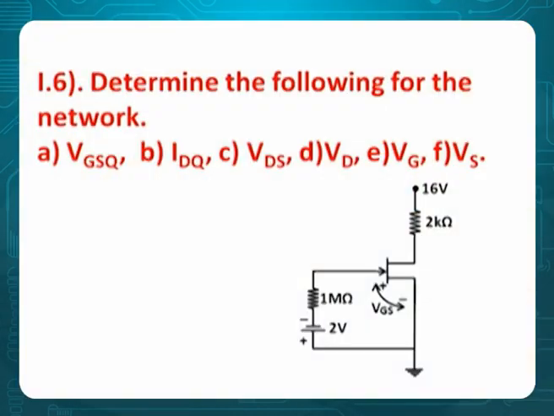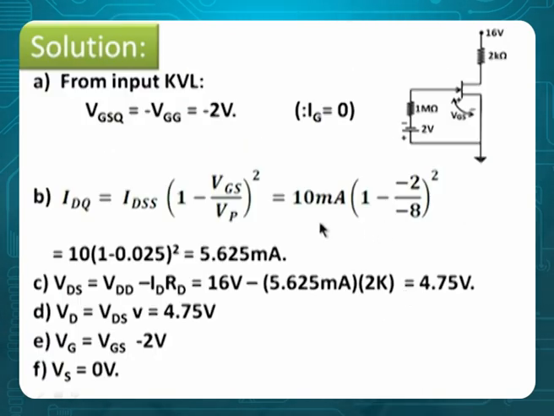Problem 6. Determine the following for the network: VGSQ, IDQ, VDS, VD, VG, VS. So this is a circuit given with 16, 2 kilo, 1 mega, current is anyway 0, 2 volts here. The problem is very simple, but too many things are asked here. For example, if this current is 0, this is directly available across VGS, therefore VGS is minus 2, because positive here, negative there. Once VGS is minus 2, you can substitute and solve for ID.